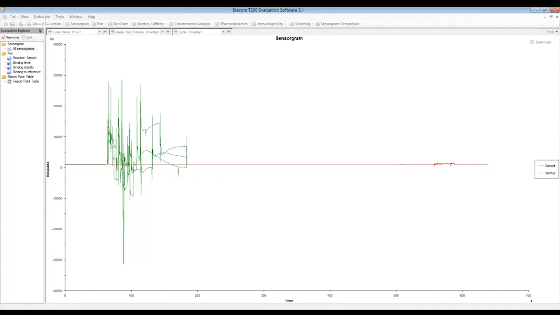Now in this screen, one thing you can do is, let's say you have some spikes in your data, something that will interfere with calculating your on rates, off rates, etc. You can remove the spikes in this particular view. So let's say I want to remove this. This actually does not interfere, but let me just demonstrate how you remove something. You right click and then just drag.